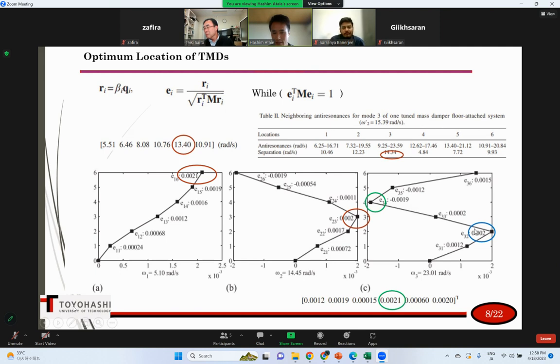We can see that in the uncontrolled mode shape, the second floor has a larger amplitude than the fourth floor, but the controlled mode shape shows that the fourth floor has the maximum magnitude.